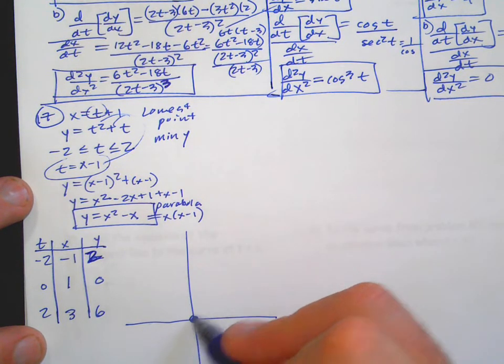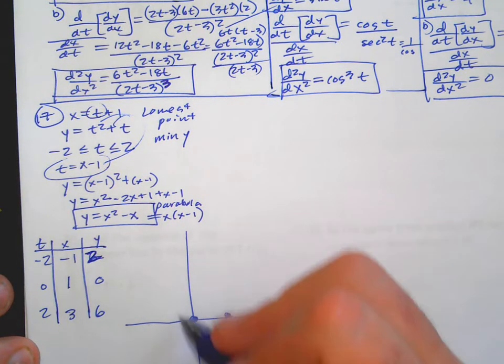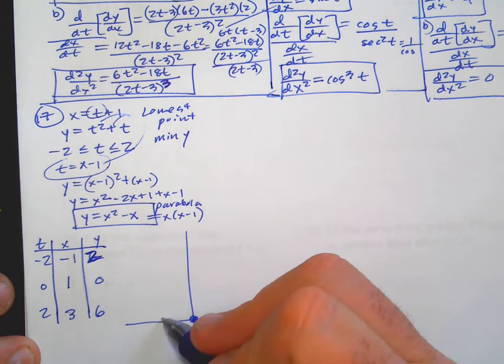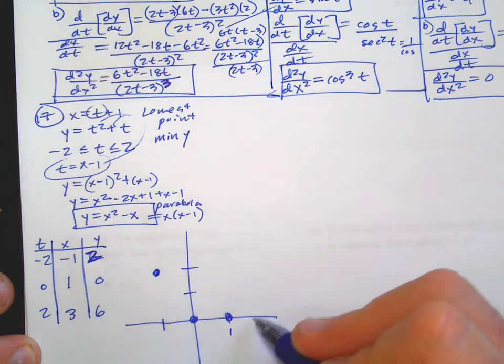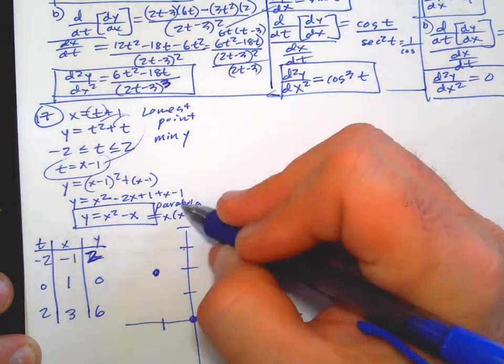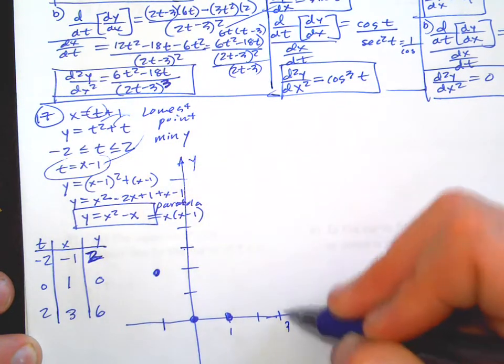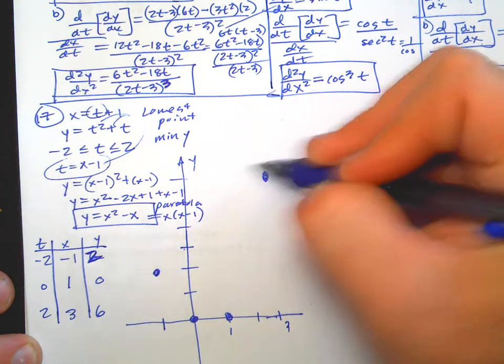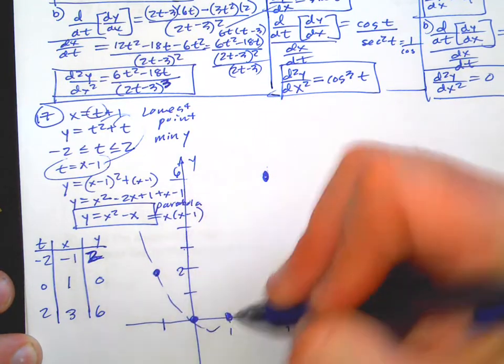0, 0, and 1, 0 are its x-intercepts. Negative 2, 6 is right here, 2, 2 is here. So this is what the parabola looks like.